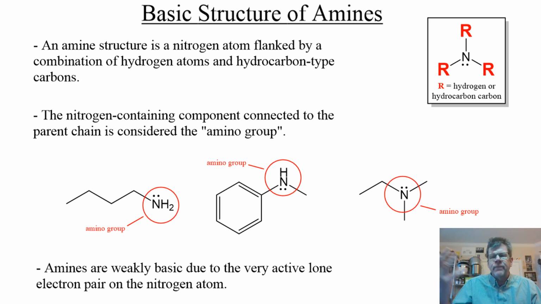We'll be looking at that in a little bit more detail when we start talking about reactions of amines. But just understand that amines are slightly basic. We've already seen another functional group which was acidic. That was the carboxylic acid in the last lecture. But amines are considered to be basic, weakly basic.